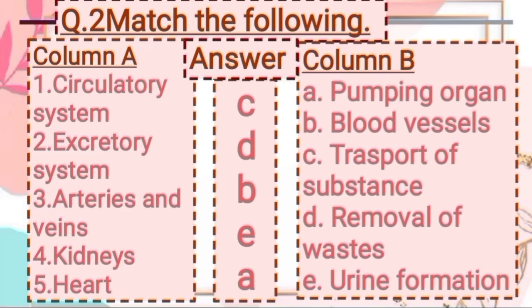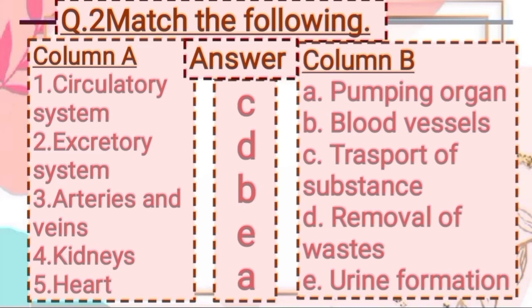Match the following. Column A, first, circulatory system. As you know, the circulatory system is an organ system that helps to transport substances inside our body. So answer is option C from column B, transport of substances. So you have to match circulatory system with transport of substance.